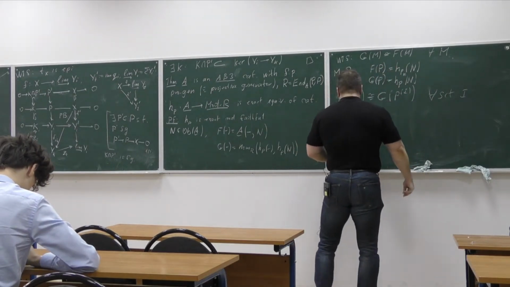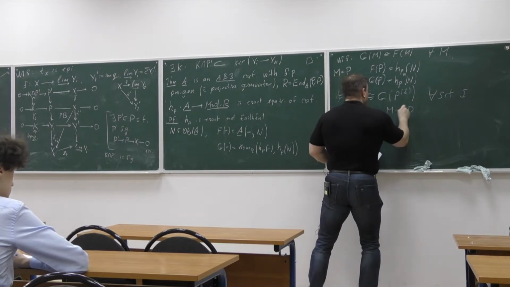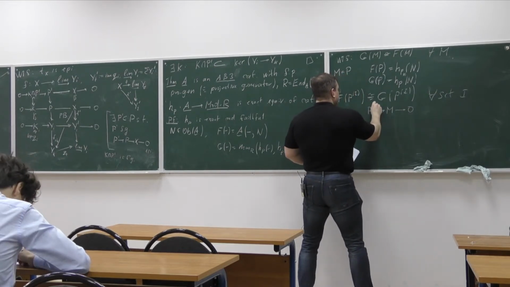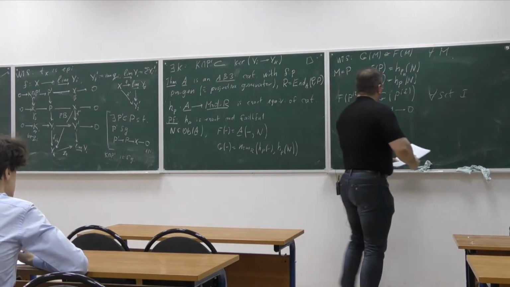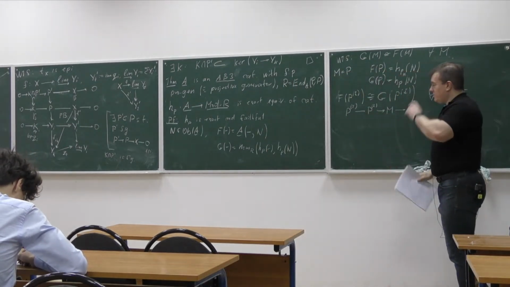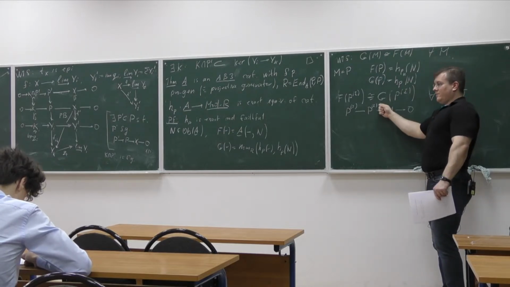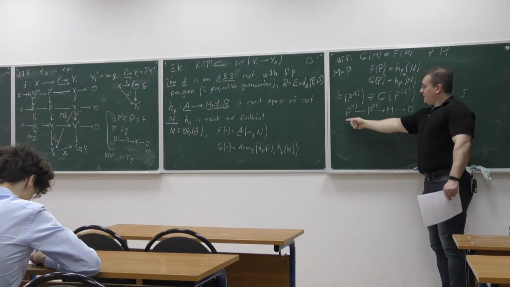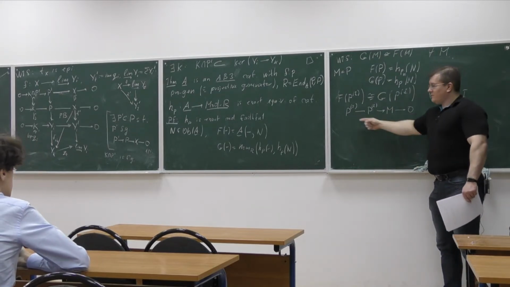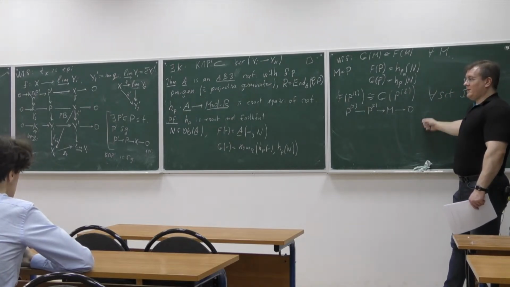Okay, now let's go to the general object M. For an object, I can choose a presentation. Since P is the generator, I have a surjective map like this for some set I. So this map has some kernel. I just repeat the procedure for the kernel and take the composition. Is it clear? Do I need to explain this?